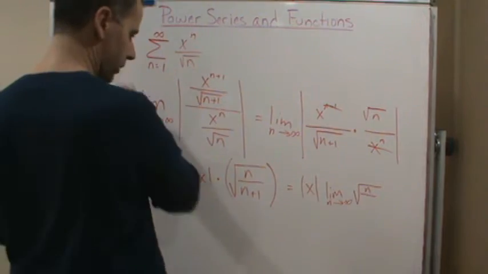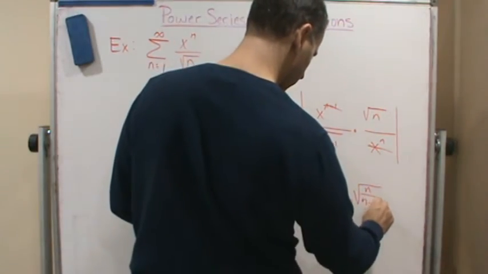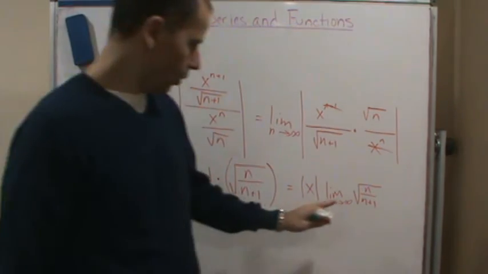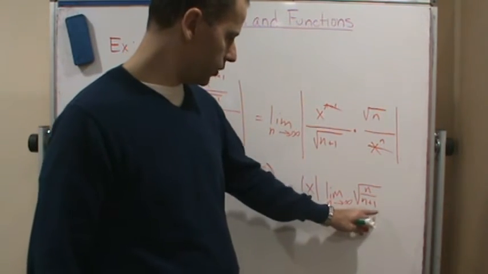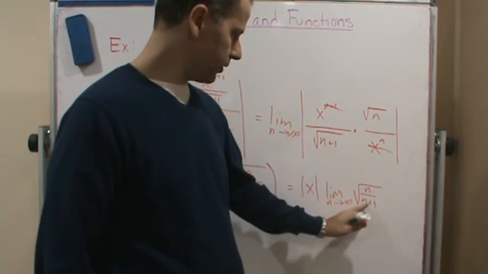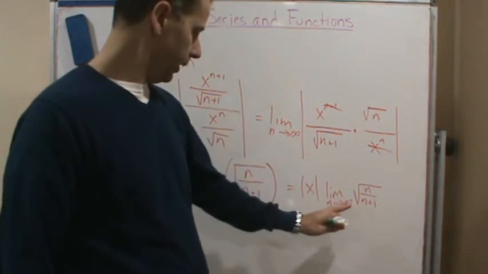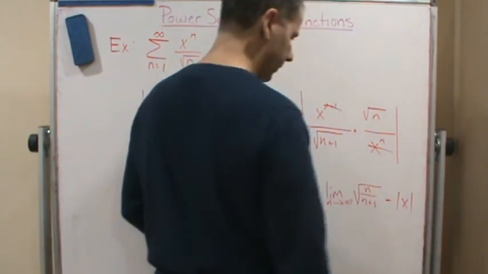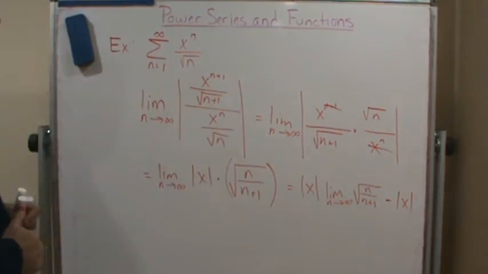No, we can't. So n over n plus 1. Okay, now, what is this going towards? This is going towards 1. This is getting closer and closer to 1. The limit of this is 1, so this is going to be the square root of 1. And so what do we get? We get the absolute value of x.